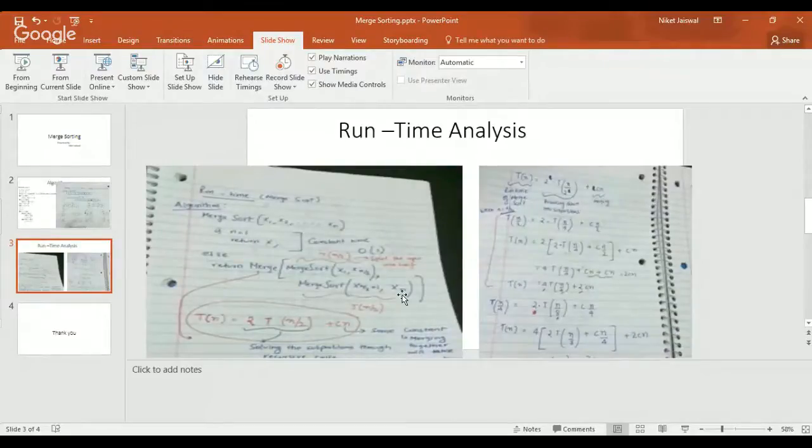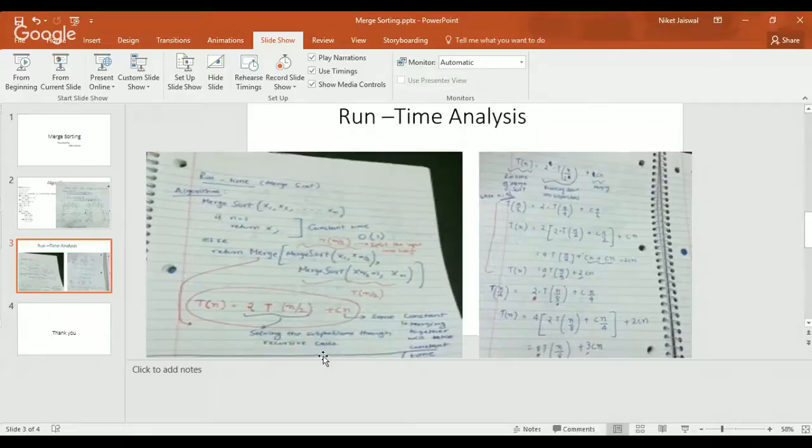So my total running time to run the above algorithm would be 2 times this plus c of n. The c of n is some constant time it takes to merge the two arrays.